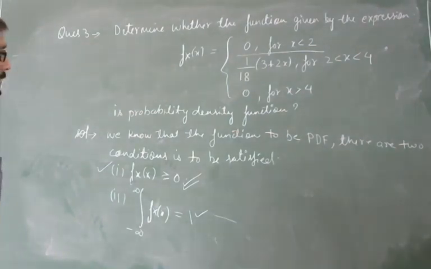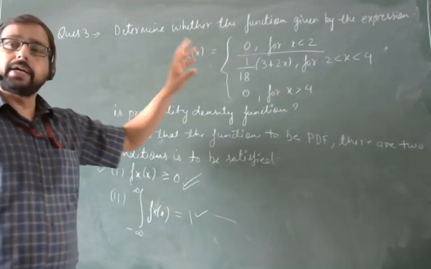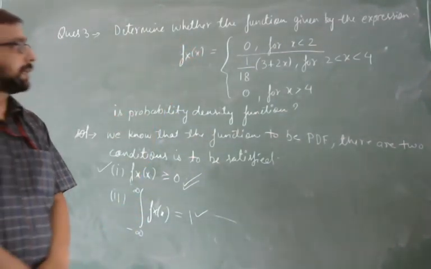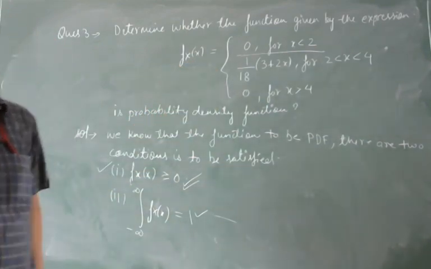Now for the second condition, we have to integrate this from minus infinity to infinity. If its value is equal to 1, then we can say that this f of x is the PDF.